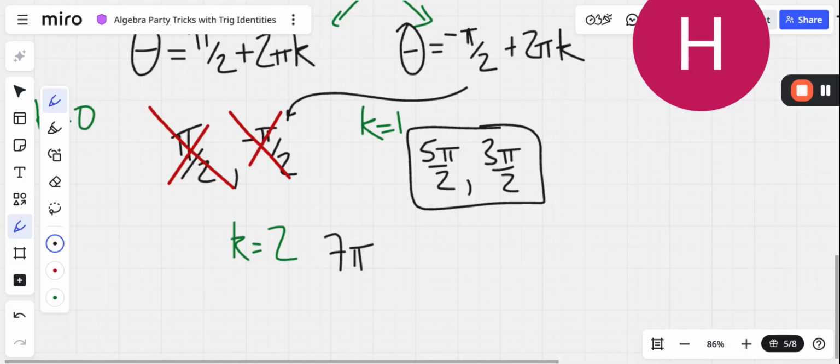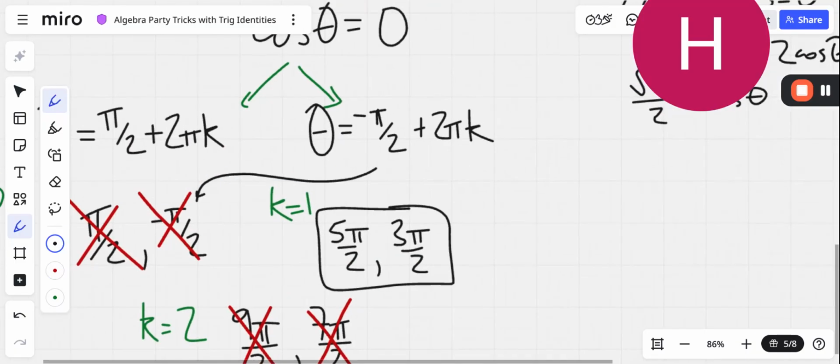Is that right? No, it is 9 pi over 2. We'll have 9 pi over 2, which is going to get rejected. And we're also going to have 7 pi over 2, which would also get rejected. So none of these are coming with us except for 5 pi over 2 and 3 pi over 2.